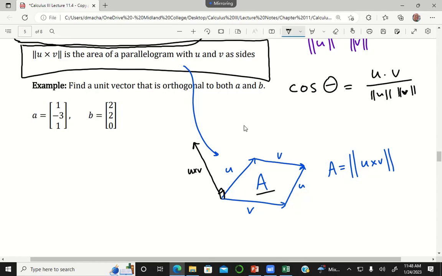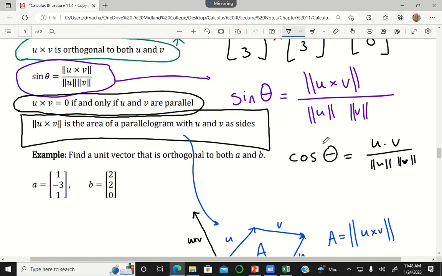So that's why we say if the cross product is 0, then the vectors are parallel. Also, if the cross product is 0, then sine of theta must be 0, so theta must be 0, so the vectors must be parallel.